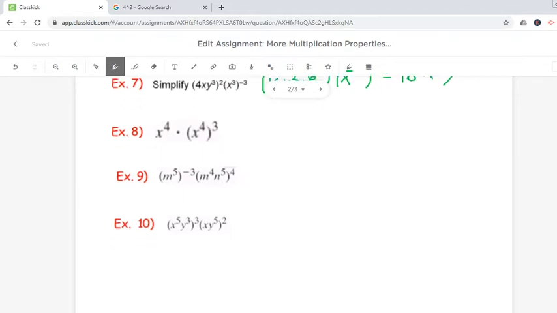Okay. We'll first write this x to the 4th. And then we have an exponent outside. So we multiply 4 and 3. So x, and 4 times 3 is 12.